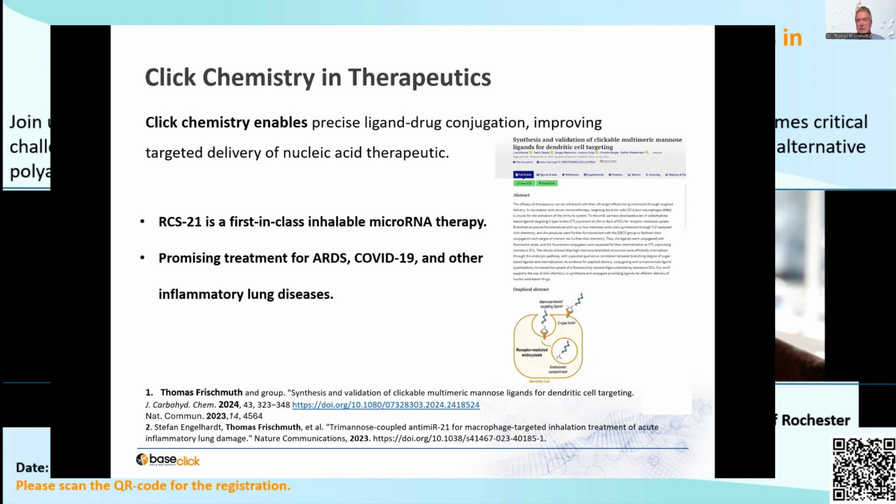We published in this paper that when you add multimeric ligands or other kinds of targeting sequences via click chemistry, you can specifically target the dendritic cells. One of these molecules is now in the process of entering a phase 1 study in a microRNA therapy. We published all this in Journal of Carbohydrate Chemistry, as well as in Nature Communications.